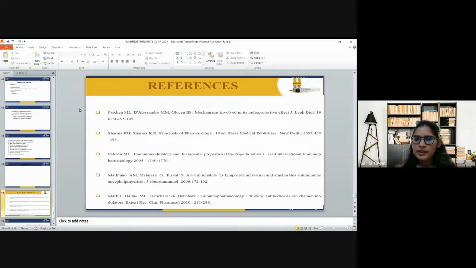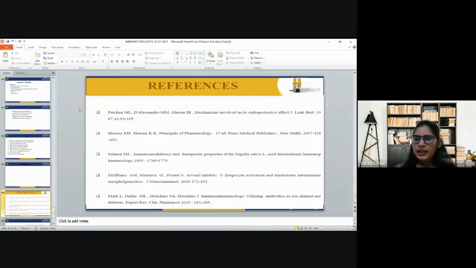You can definitely check this out. Then next we have KK principles of pharmacology, New Delhi 2007. Then next we have immunomodulatory and therapeutic properties, in the International Immunopharmacology, published in 2005.